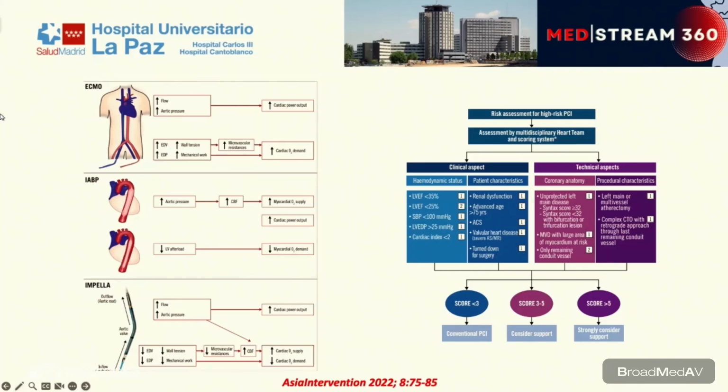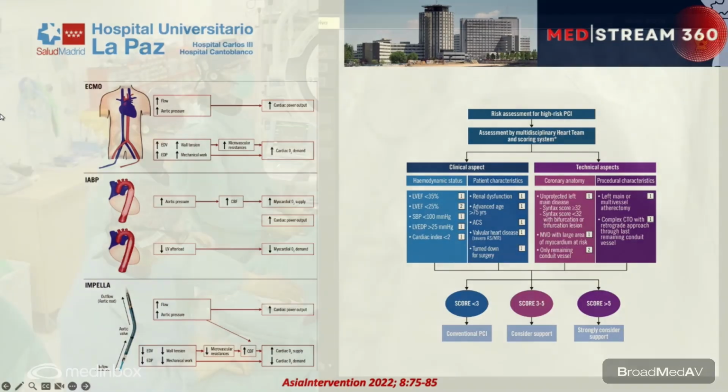The more proximal vessel is the left anterior descending artery, and then the lesions that we see in the circumflex artery and in the right coronary artery are a little bit less proximal. So that's why we finally made the choice of supporting this procedure with an intra-aortic balloon pump.